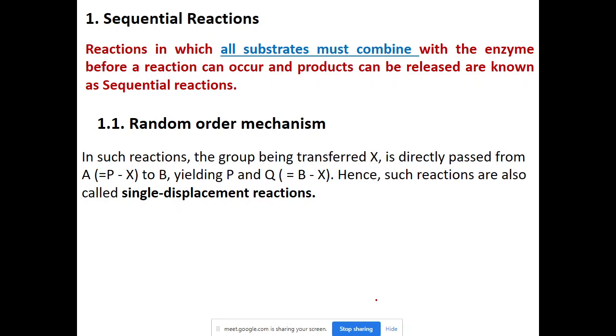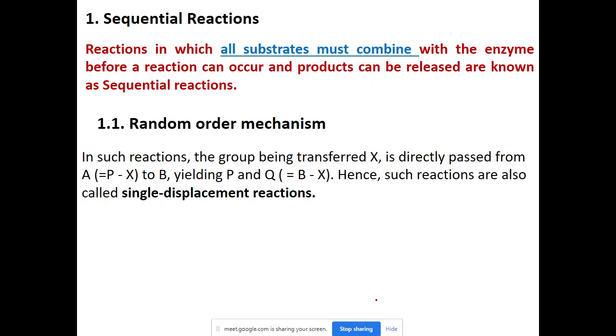So what is the random order mechanism in this? Remember that a sequential reaction can be of two types. One is the random order, the second one is the compulsory order reaction. Sometimes it will be referred to as the random mechanism. On the other hand, the compulsory order mechanism will be referred to as the ordered mechanism. So don't get confused.